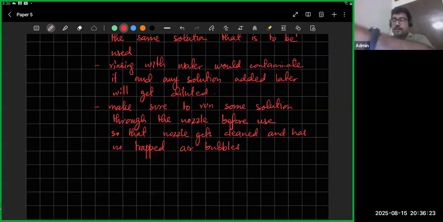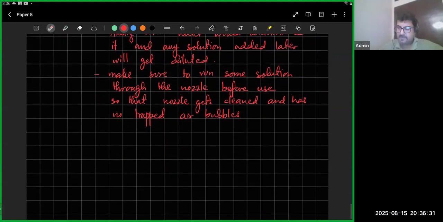Okay, so these are small things which you have to remember about the burette, but they are important. There's other stuff that's important as well about the burette.